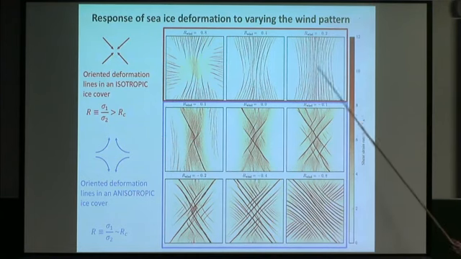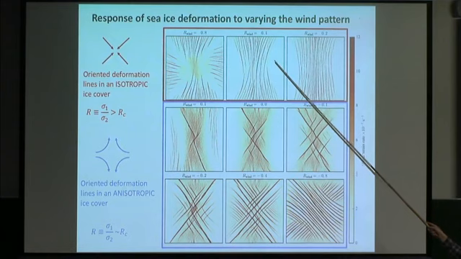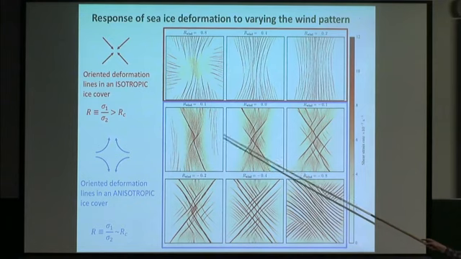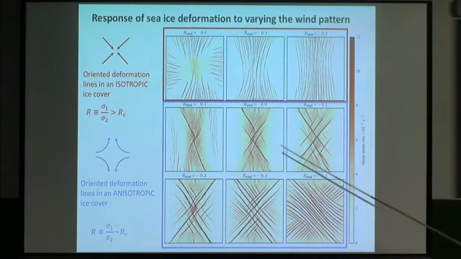So in these red experiments, you see anisotropy at the large scale, but isotropy at the small scale, because it's all broken up into bits. In the blue experiments, we see anisotropy both at the unresolved scale and also at the resolved scale. So we see these shear failure lines which are reminiscent of the linear kinematic features you see from RGPS data.